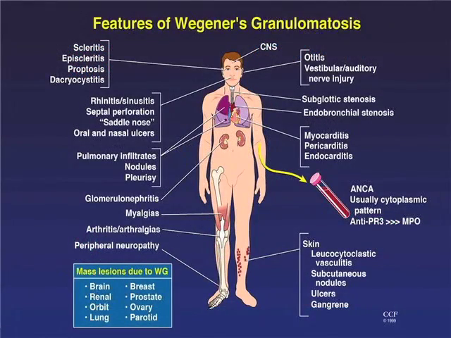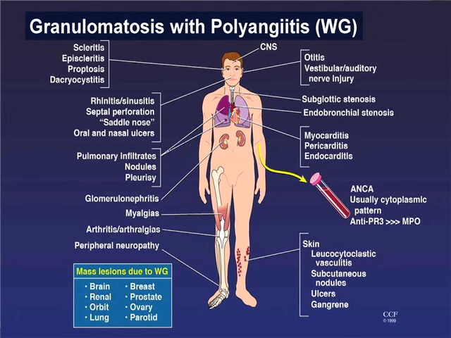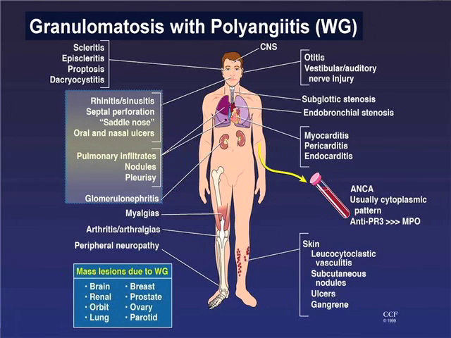So if we were to then draw up the prototype of Wegener's granulomatosis that we now call granulomatosis with polyangiitis, GPA, essentially any organ system in the body can be affected, but the classical phenotype is to have involvement of the upper airway, the lower airway, and the kidneys.